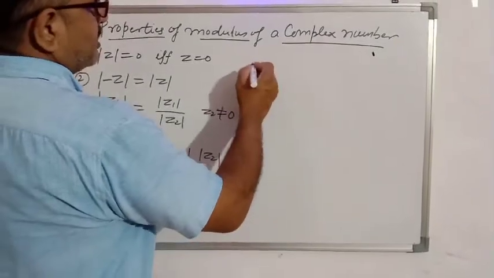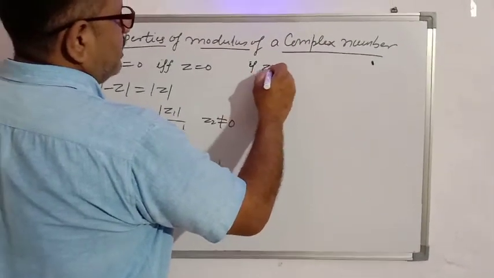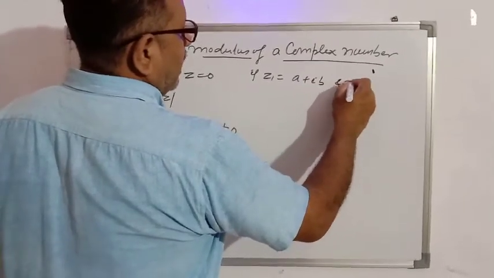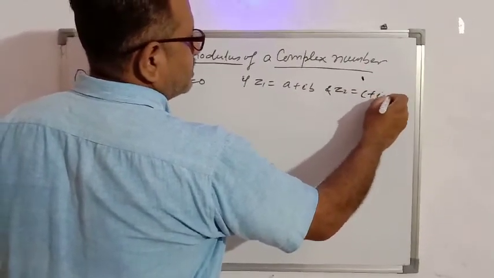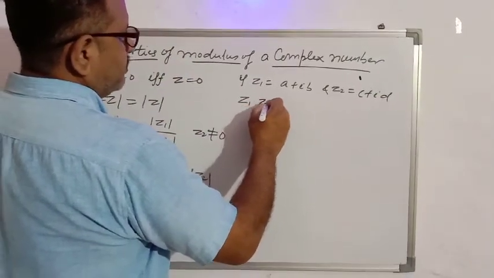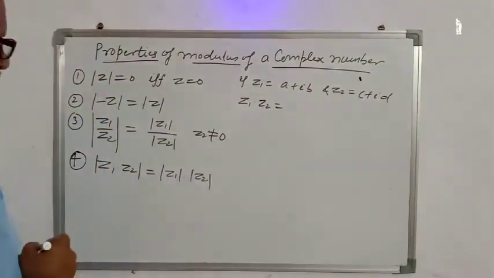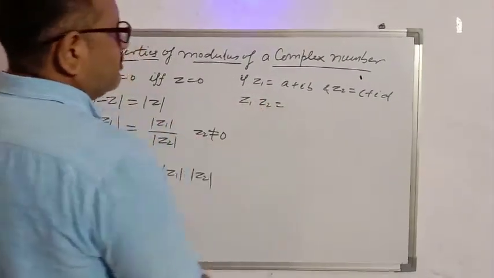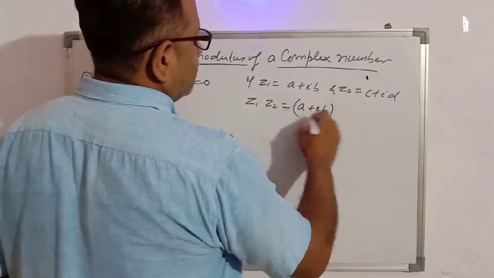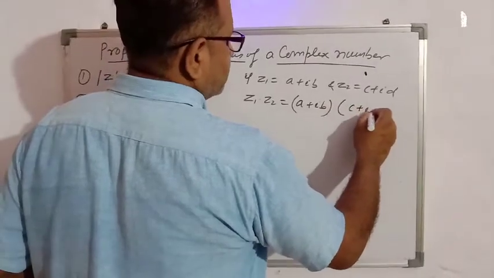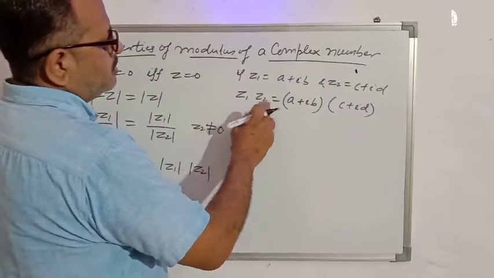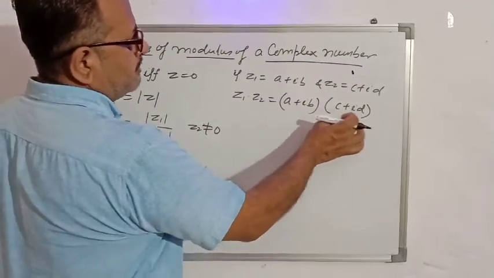So we can prove it. Suppose z1 is equal to a plus ib and z2 is equal to c plus id. Then z1 into z2. So what will be z1 into z2? a plus ib into c plus id.